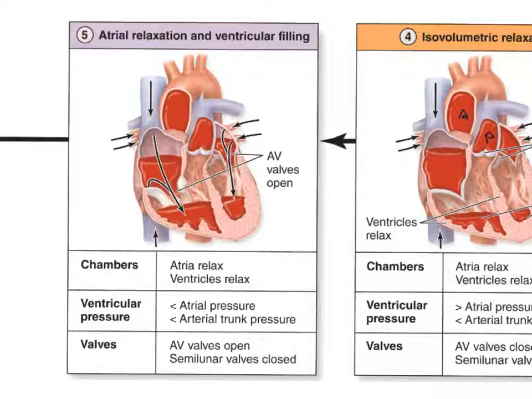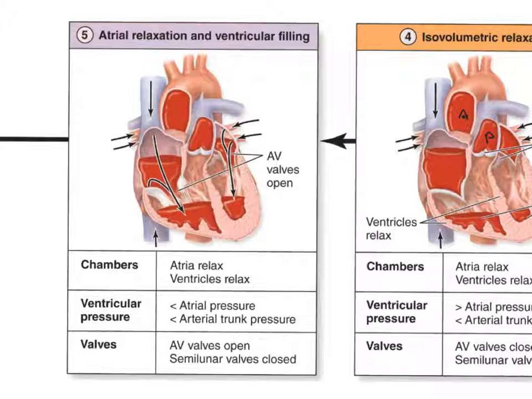Now the pressure within the atria builds and forces the atrioventricular valves open, and blood passively pools from the atria into the ventricles and also from the blood vessels into the ventricles. And now what would be the next step? We'd go back to atrial contraction for the next heartbeat. So that's the cardiac cycle of what's happened.